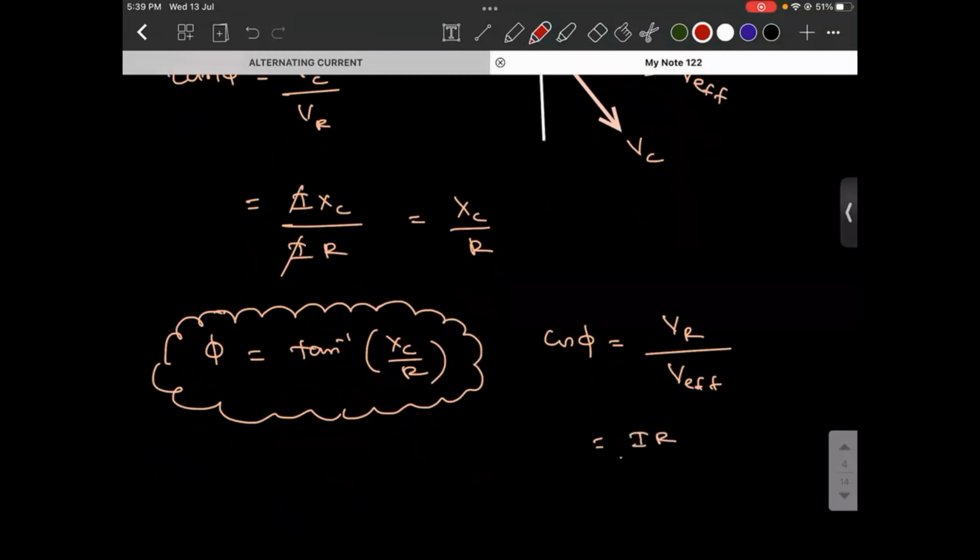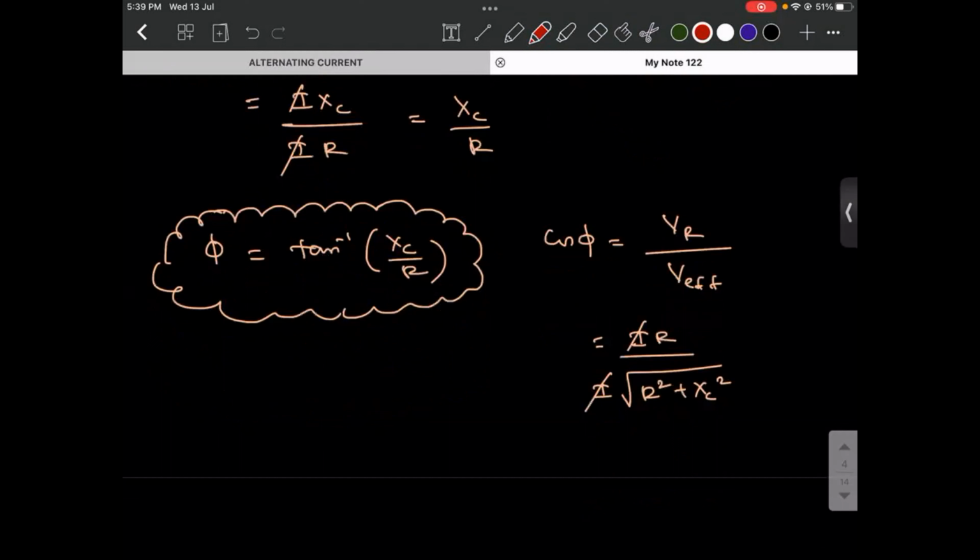So it would have been IR divided by I into root of R square plus XC square. I and I will get cancelled. Then this will give you R divided by root of R square plus XC square. And this cos phi is an important term which is called power factor. Remember this term. It's called power factor.